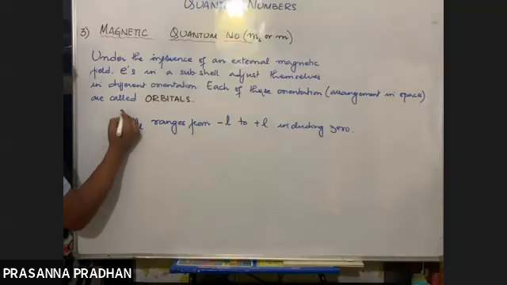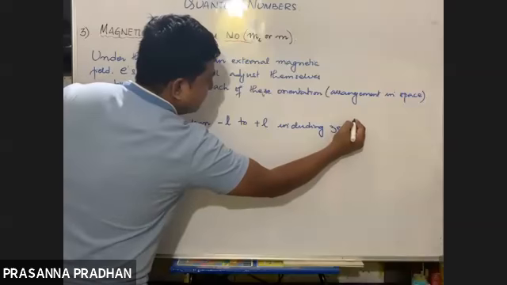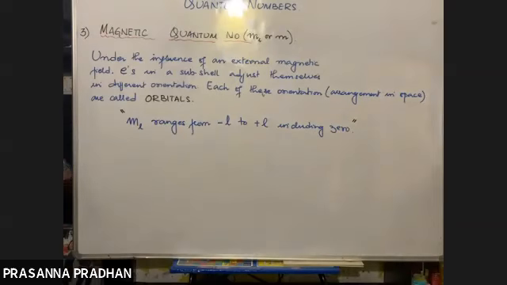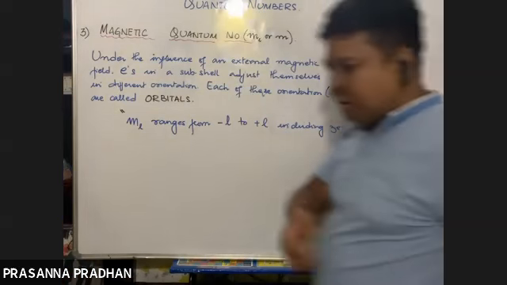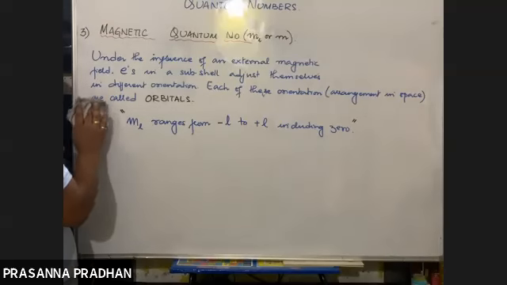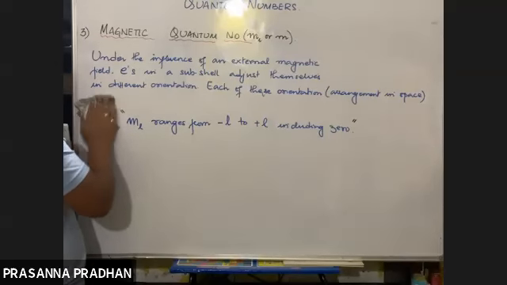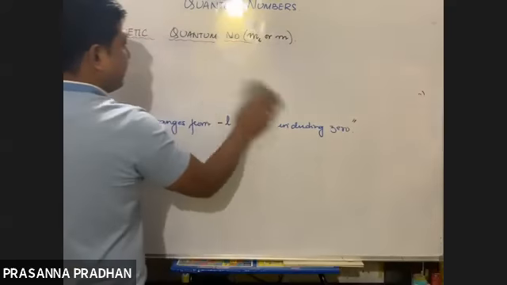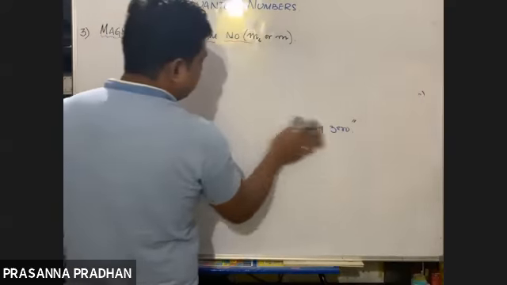The value of ml ranges from minus L to plus L, including 0 as well. You should be wondering what sir is talking about. Now let us try to understand. Just remember, the value of ml ranges from minus L to plus L including 0.